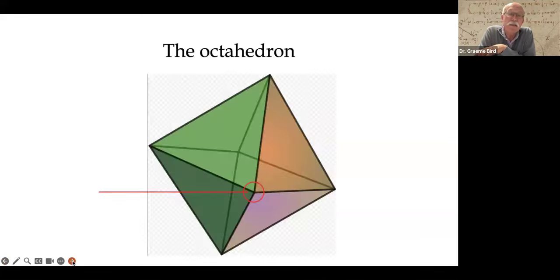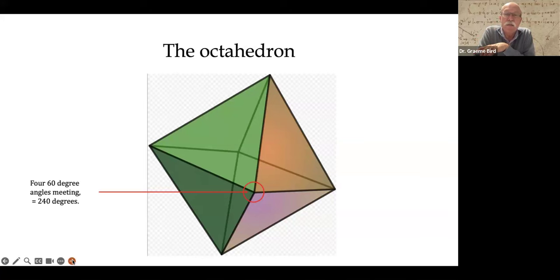Okay, next. How many things are meeting at a point? So we can speed this up a little. How many things meeting, and what's going to be the solid angle? 4 triangles. That's it. 4 60s are 240.